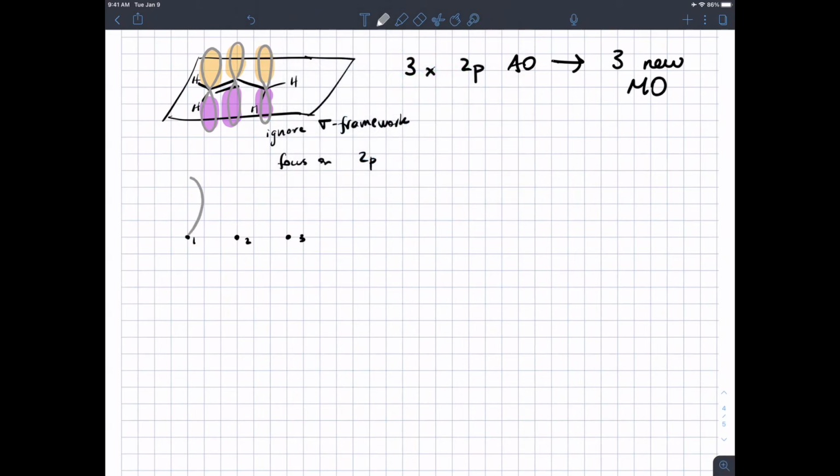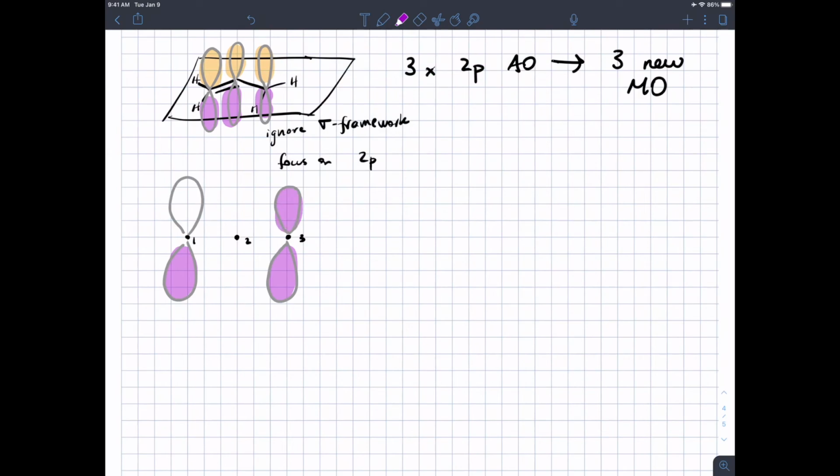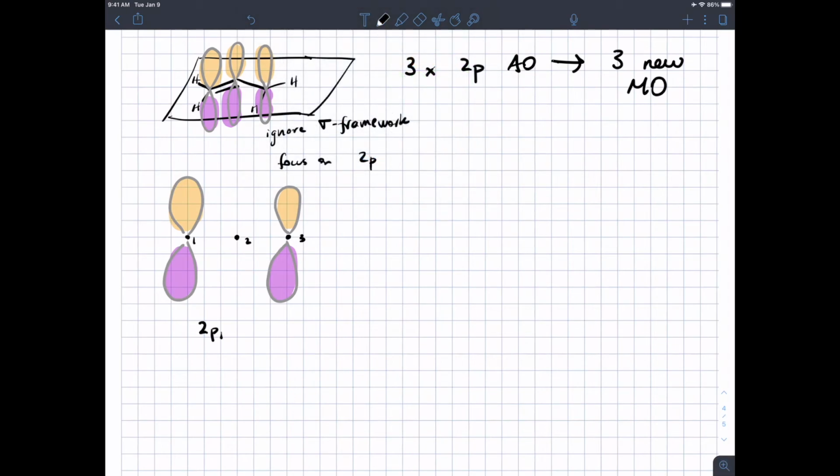I'm going to add a p orbital from carbon 1 with a p orbital on carbon 3, and I'm just going to deal with that combination first. So this is the plus combination, 2p1 plus 2p3.